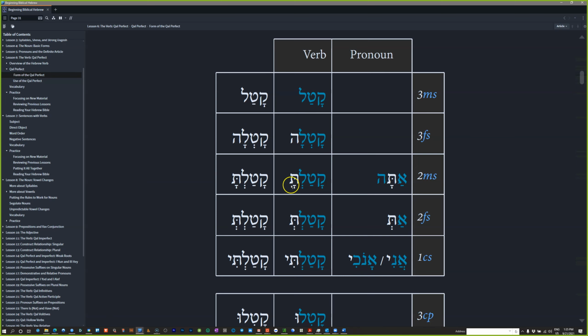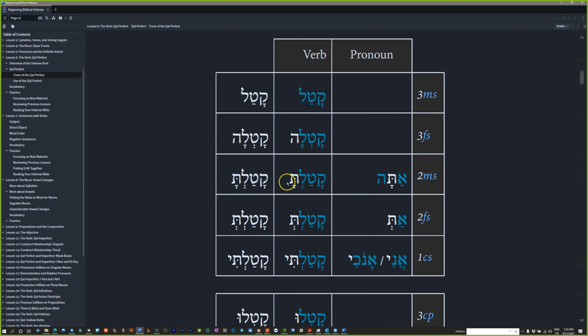But when you get these consonantal suffixes, where the suffix begins with a consonant, what it's going to do to try to break up the word is, it's a little harder to say katalta with the accent at the end than it is to say katalta with the accent moved over here.